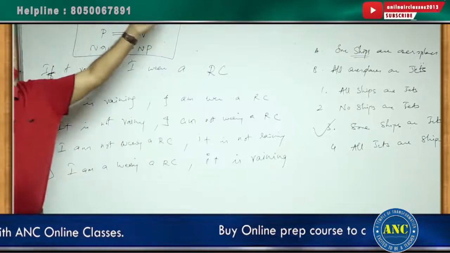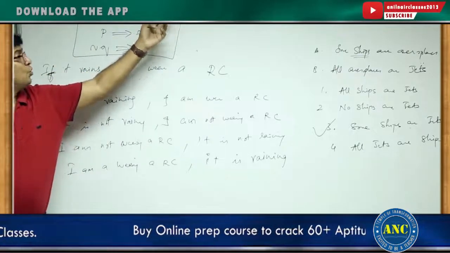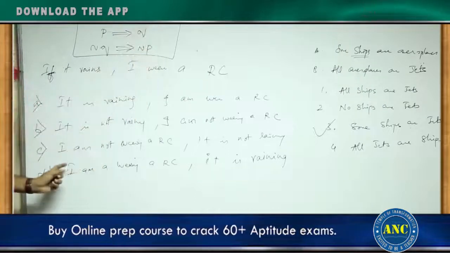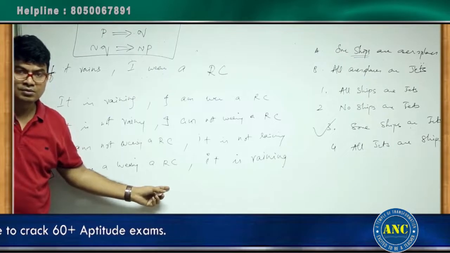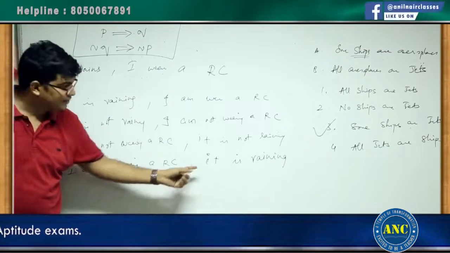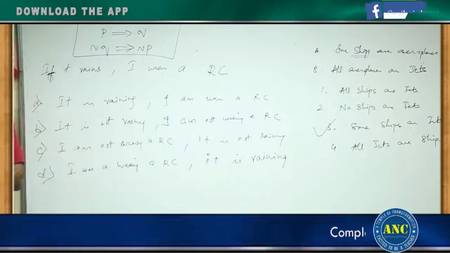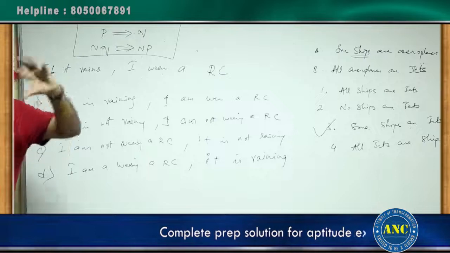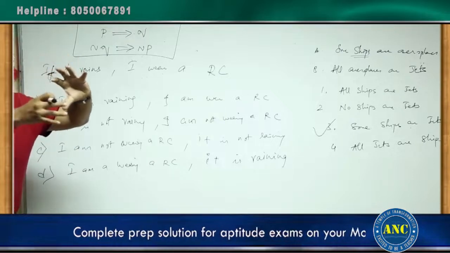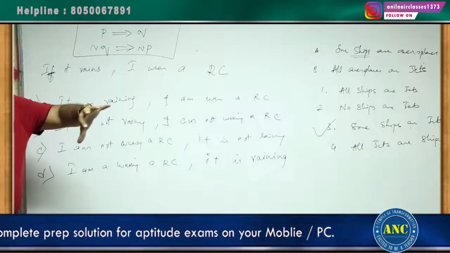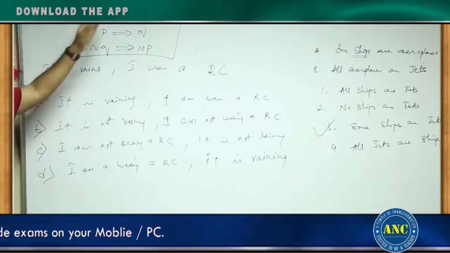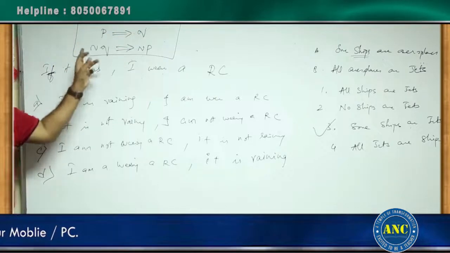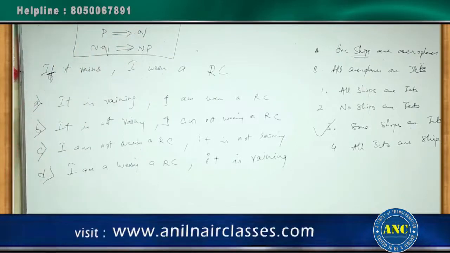If this happens, this effect will happen. That doesn't mean that if the effect happens, it is raining, because that effect can happen otherwise also. मतलब P होने से Q होगा, but Q होने के अलग तरीके भी हो सकते हैं. तो जब भी Q हो रहा है, doesn't mean that P भी हो रहा है. You understand what I'm saying? So if P then Q, P will imply Q and negation Q will imply negation P. Okay? So take that.